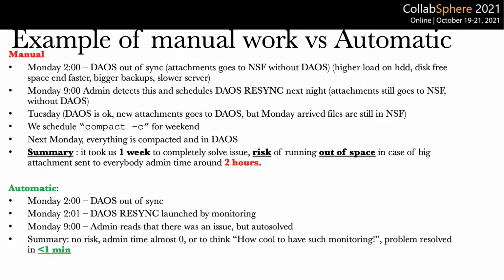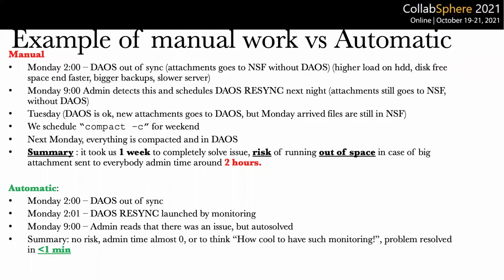If we noticed when we go to work immediately that it's out of sync, we normally schedule DAOS resync for the next night because it's a resource intensive operation, and normally we try not to do it in large environments during the day.